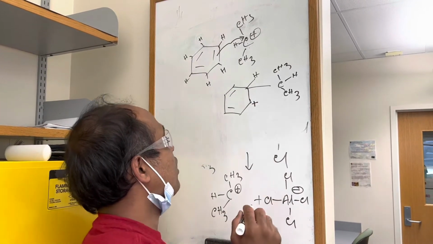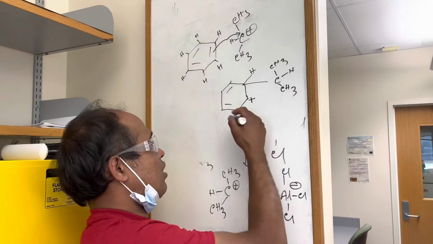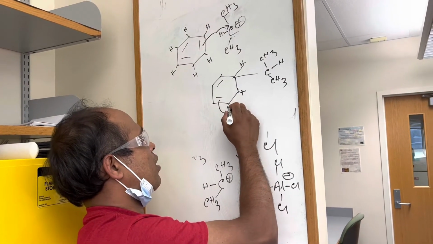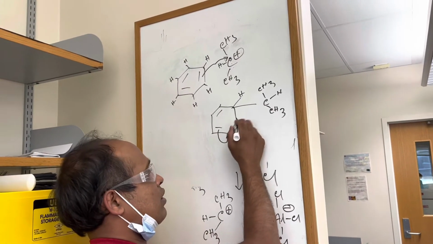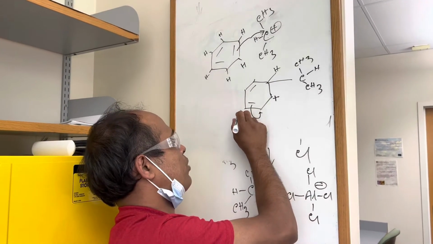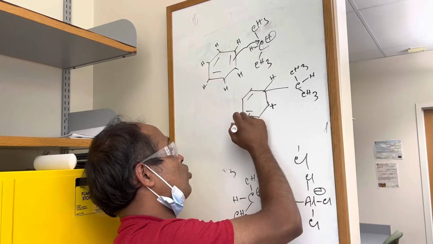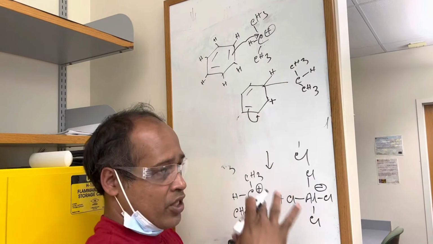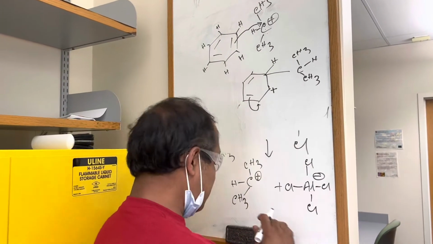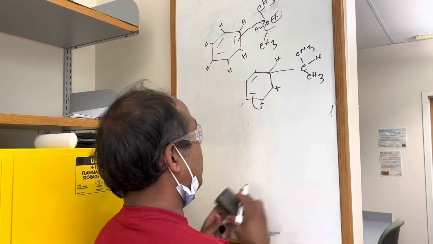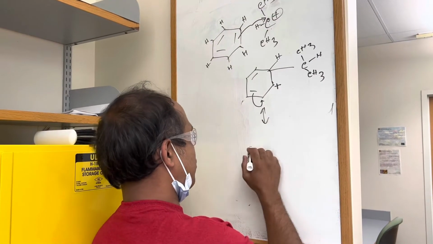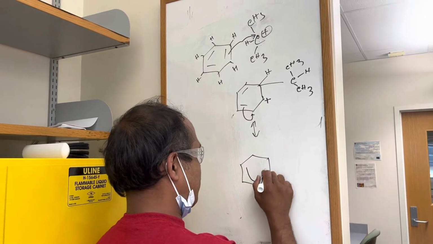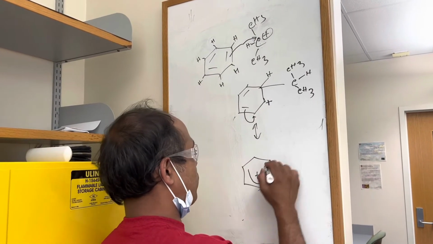By resonance, you all know these electrons will go here and ultimately go there to satisfy this positive charge, then there will be a positive charge here, and again to remove this positive charge the electrons can move. So that is a resonance structure, and we can write the structure like this, with the electrons moving with the positive charge.